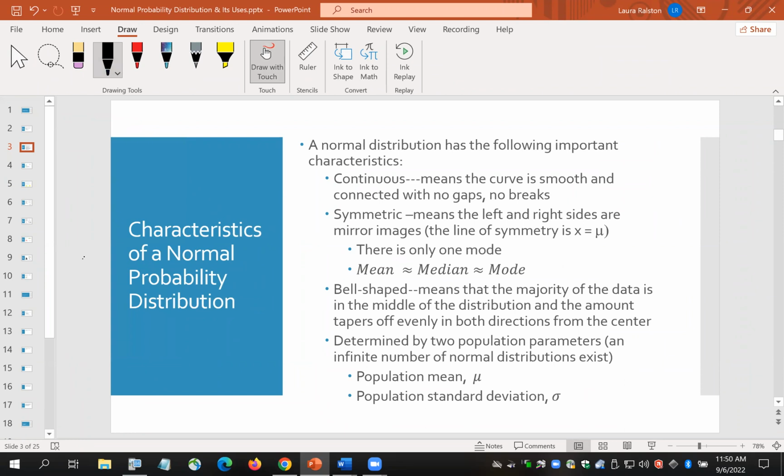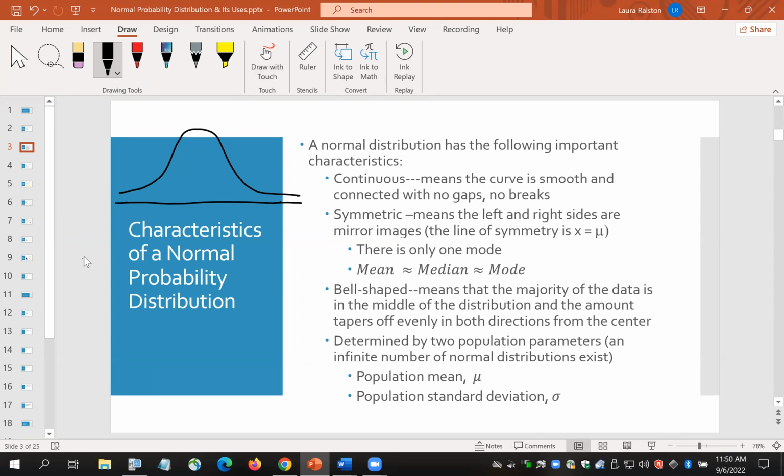Normally we only draw one axis. We draw the horizontal x-axis, and then you have that very nice bell-shaped curve. And notice how when I drew it that I didn't have to lift my pencil.